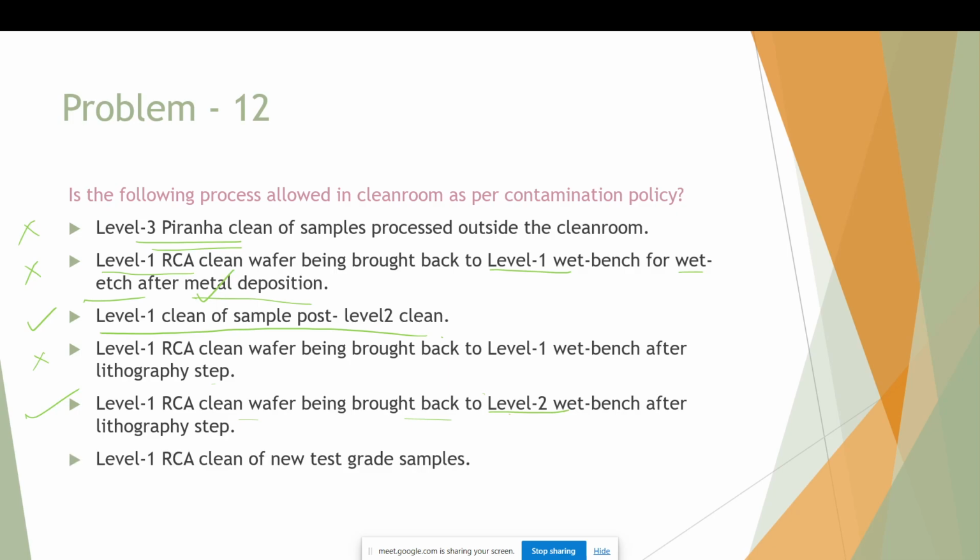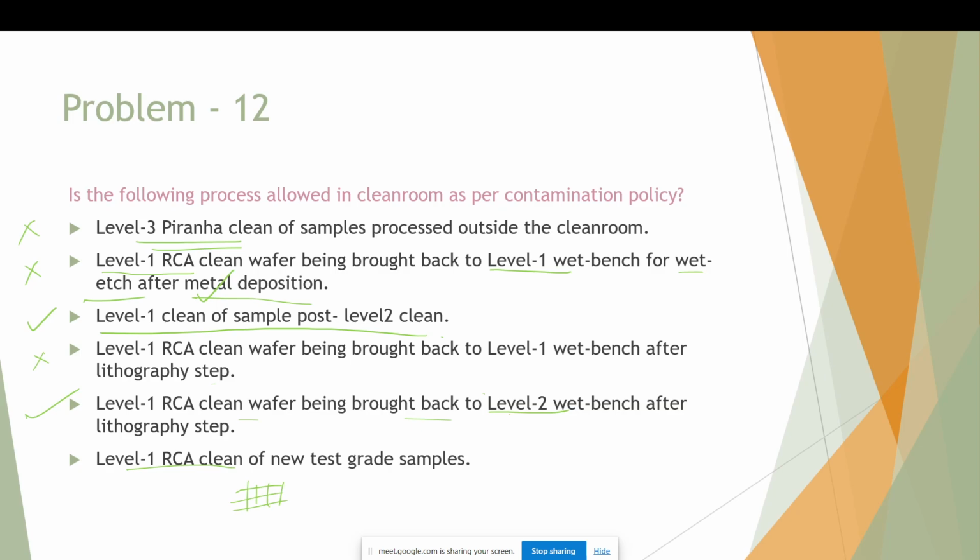Level 1 RCA clean of new test grade samples. Is this allowed? So these are new wafer cut pieces. Can I do level 1 clean? No. Why? First we have to clean it.